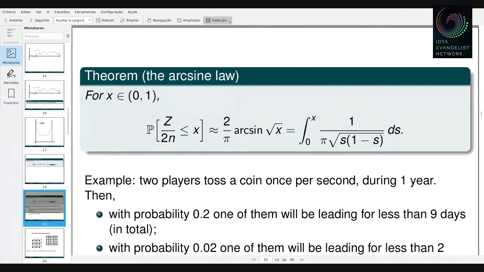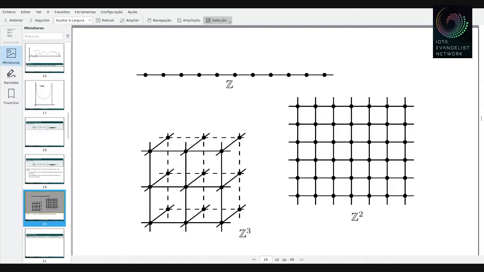So this is something which is not easy to believe at first. Okay, this was one surprising example from probability. Let me actually present to you another one.